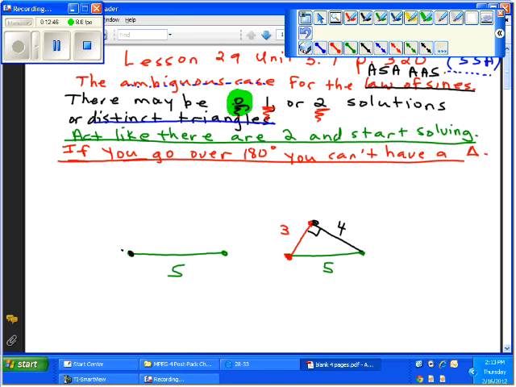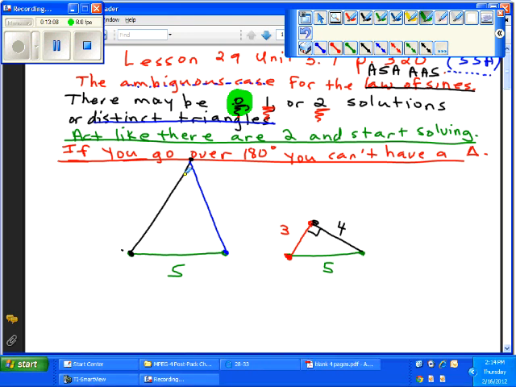Give me just a second to think, please. Now, there's the possibility that I could take this third side and come down here and make a triangle, right? And so what I would have is this big triangle.